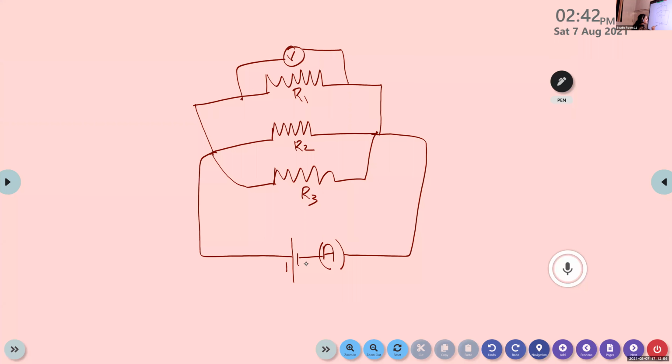Here we have a cell and an ammeter. The ammeter is used to measure the value of current and is connected in series. And a voltmeter, used to measure the potential difference or voltage, is always connected in parallel to an electric circuit. Is it clear?